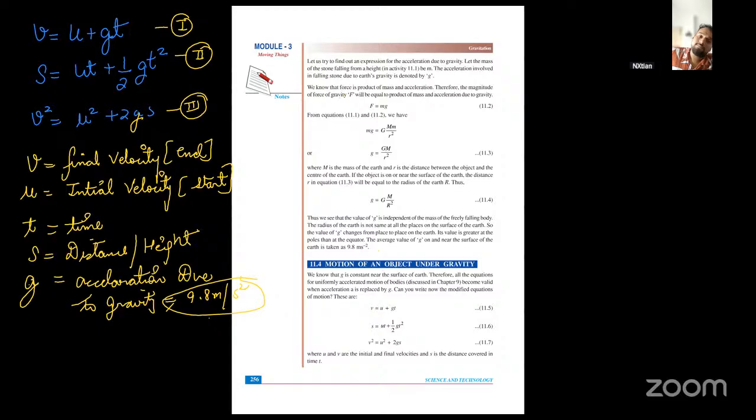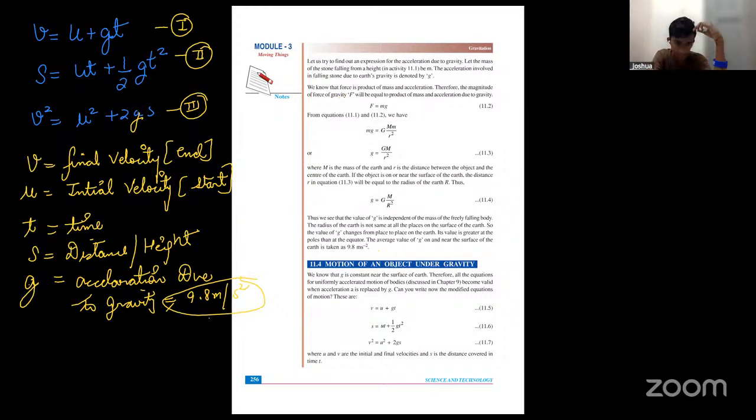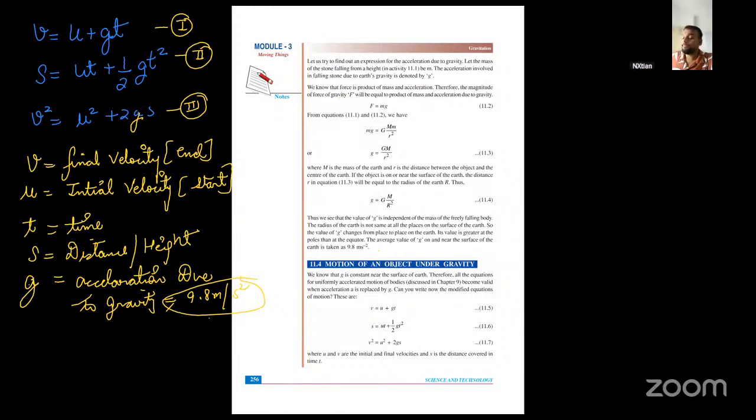Yes. What is the G? Acceleration due to gravity.